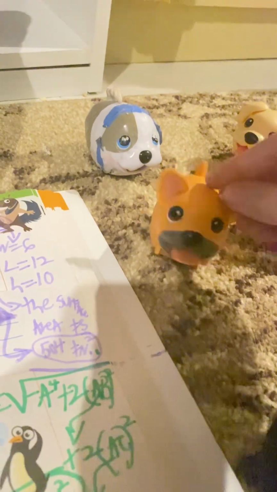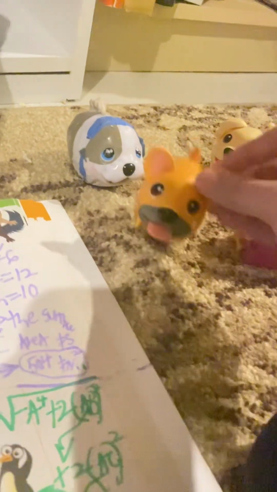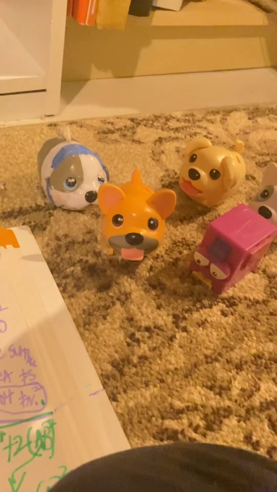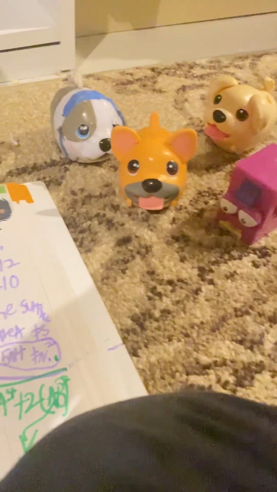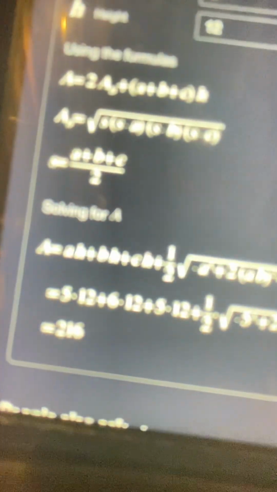How much more difficult? Get ready to be amazed. The triangular prism has one of the most complex surface area formulas on the entire planet. The surface area for a triangular prism, are you ready for this?